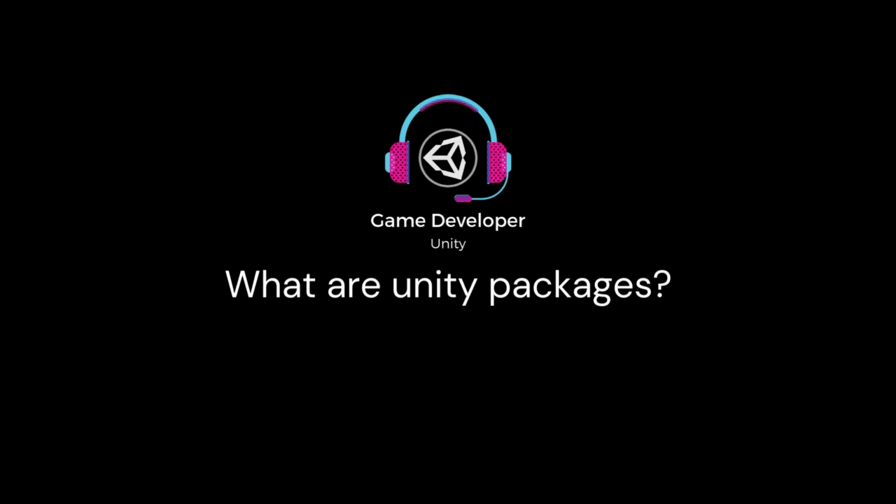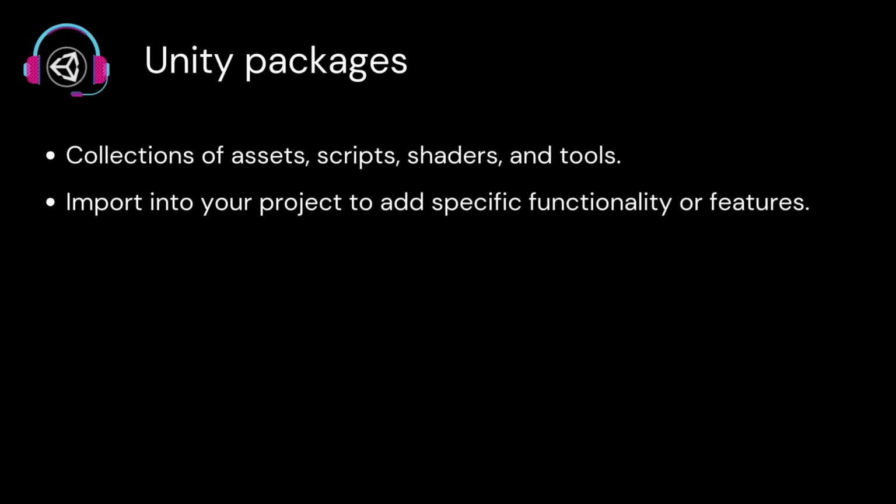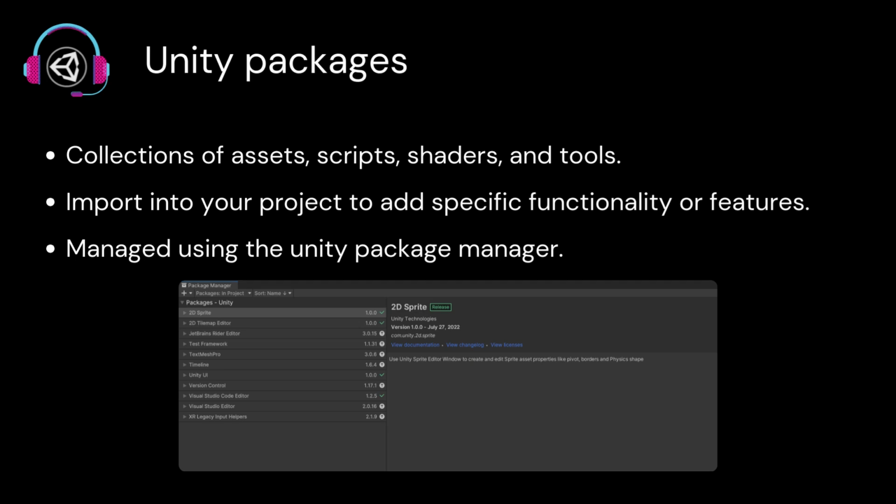What are Unity packages? Unity packages are a collection of assets, scripts, shaders, and tools that you can import into your project to add specific functionality or features. They are managed using the Unity Package Manager, which lets you easily add, update, or remove packages as needed.